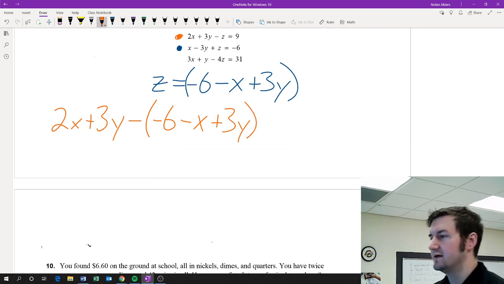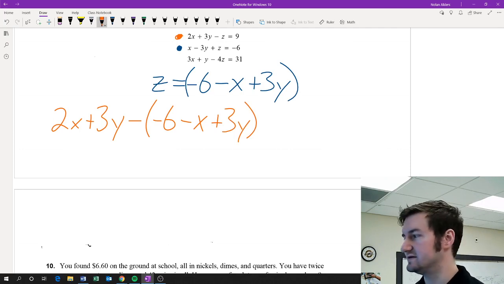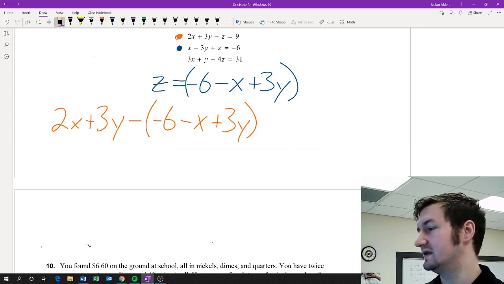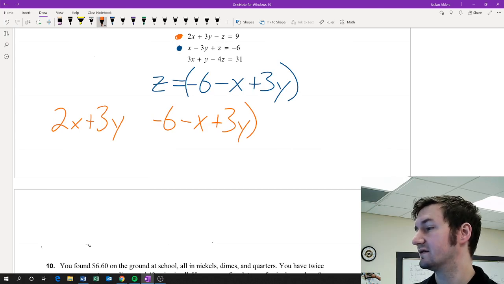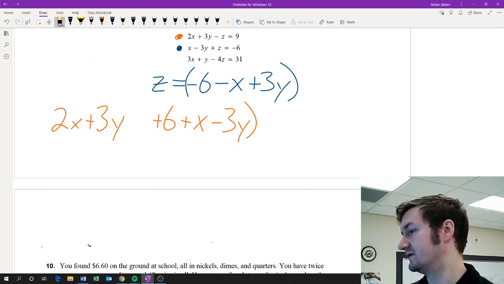Now we can distribute that minus. What's going to happen is it's going to change all the signs of everything in parentheses. So if we distribute that minus sign, it's going to turn into a plus, that's going to turn into a plus, and this one's going to turn into a minus.